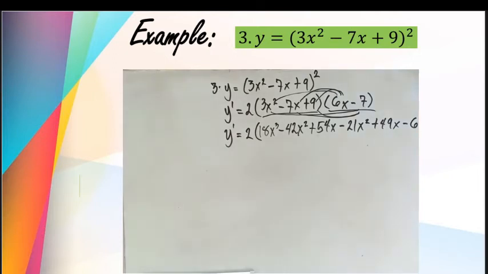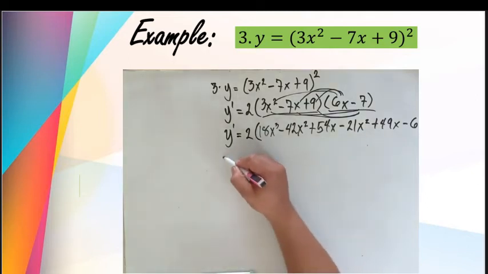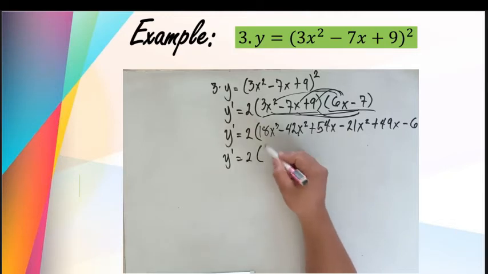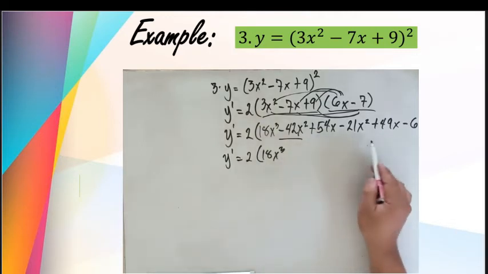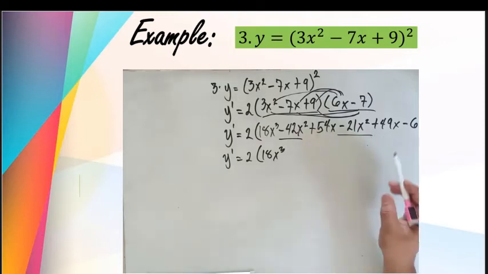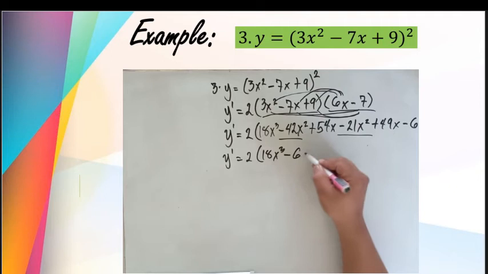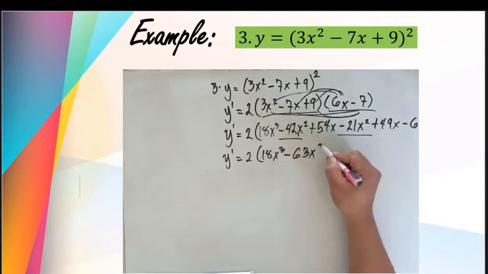Okay, so that's it. Let's simplify further this one by combining like terms. So we have 18x cubed. Combine negative 42 and negative 21, so that would be negative 63x squared.